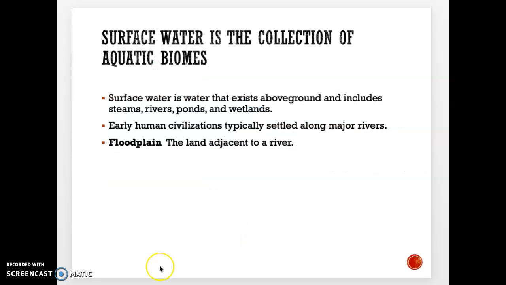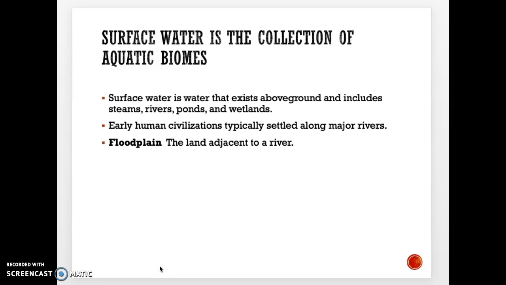This next slide is basically that surface water exists above ground, and it includes your streams, rivers, ponds, and wetlands, which again is just review from the previous chapter. Early human civilizations typically settled along major rivers, and there's a reason for that.